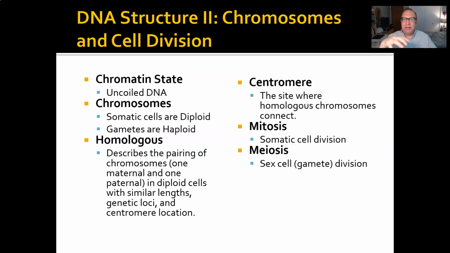Actually, most of the time, it's kind of a free-form, wibbly-wobbly sort of mess, just hanging out in the nucleus, okay? It's only during the time when the cell is getting ready to reproduce itself and split apart that it coils up into chromosomes that we're familiar with, okay?